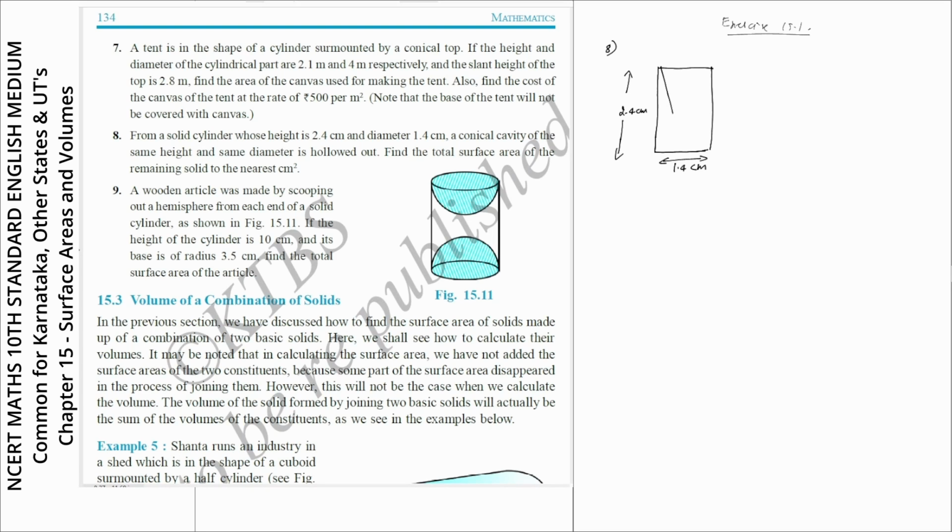That means like this, one conical cavity is made, and the height of the cone is same as the height of the cylinder, and the diameter of the cone is same as the diameter of the cylinder. Now I should find the surface area of the remaining solid up to the nearest centimeter square.